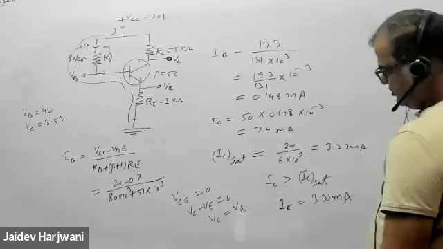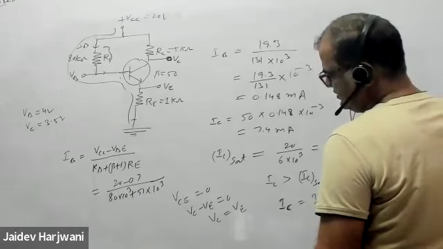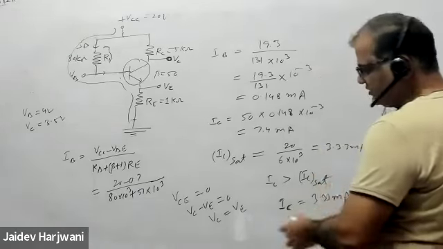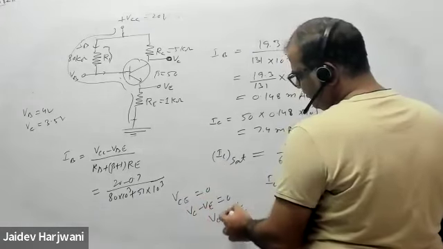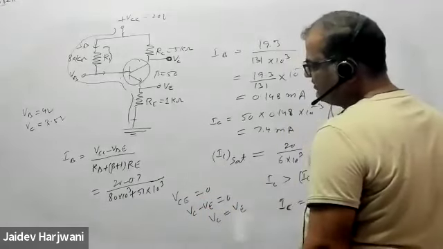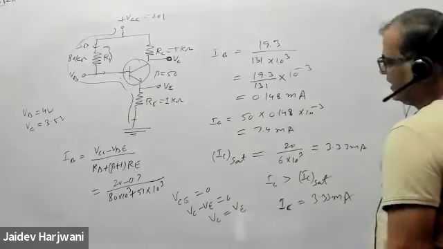Because this is going into saturation, VC equals VE. Now what is the value of VE? VE is IC into RE.